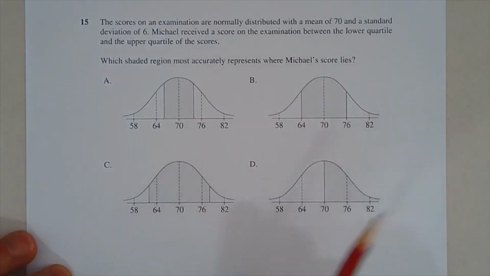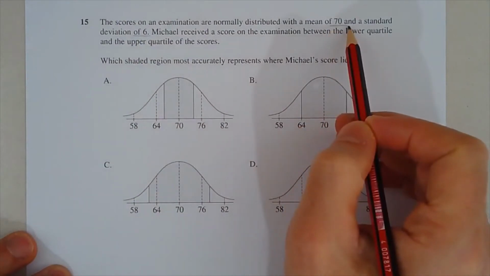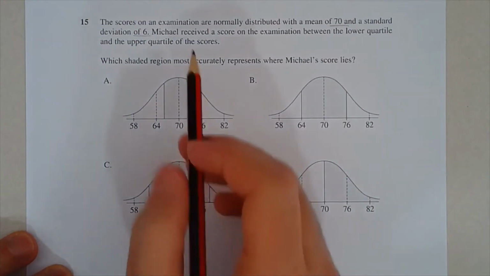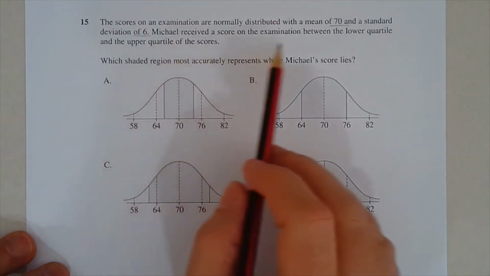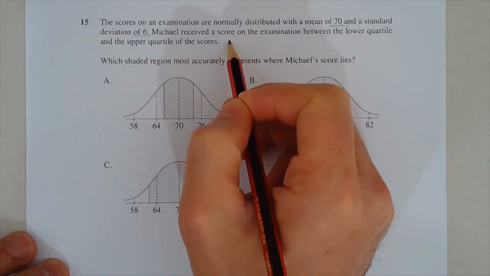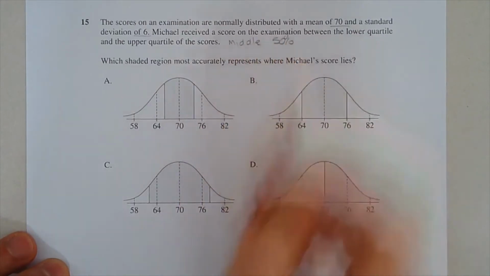Now, first thing to note is the standard deviation of 6 and the mean of 70. Plus or minus one standard deviation is 68% of the scores. Michael received a score, however, between the lower quartile and the upper quartile of scores. So this represents the middle 50% of scores.